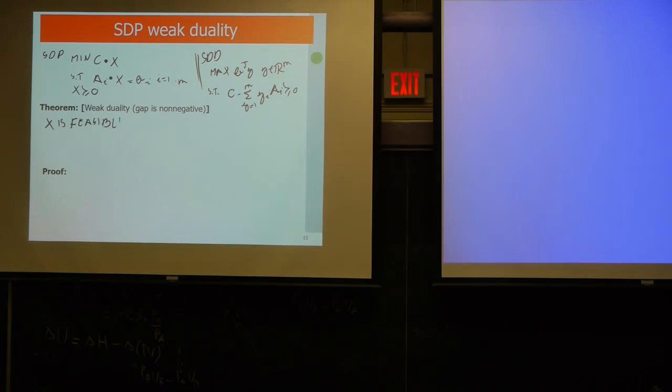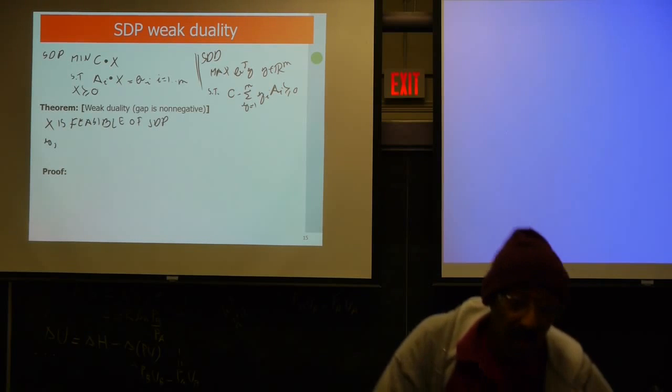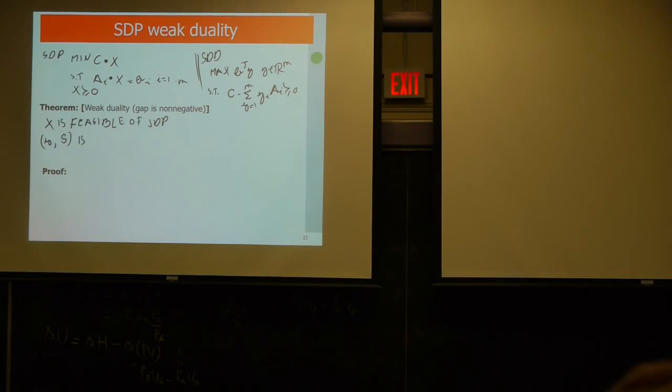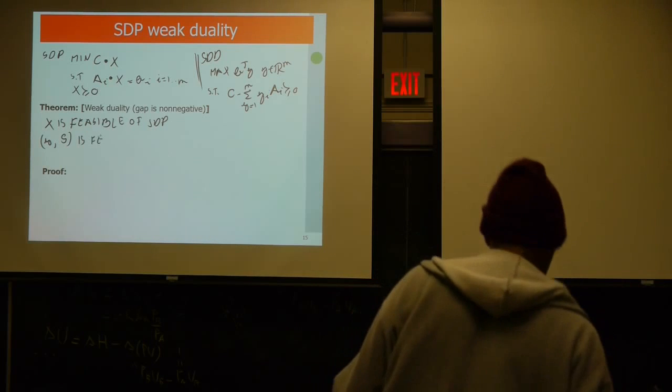So X is feasible for the SDP, and y, S is feasible for the dual.